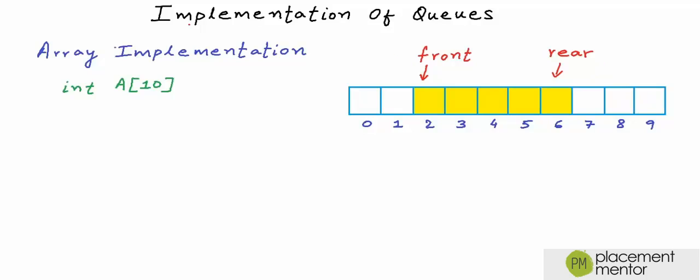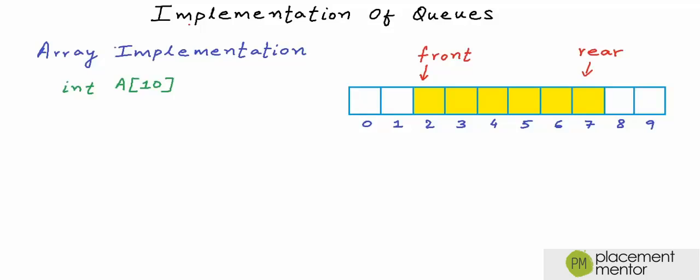So if at any stage a segment of the array from an index marked as front till an index marked as rear is my queue, the rest of the positions in the array are free space that can be used to expand the queue. To insert an element, to enqueue, we can increment rear. So we will add a new cell in the queue towards the rear end, and in this cell we can write the new value.